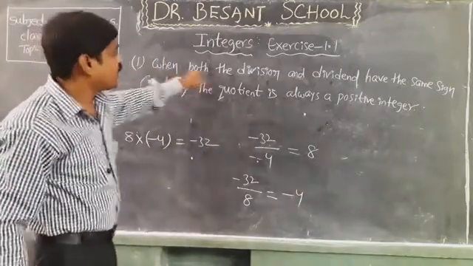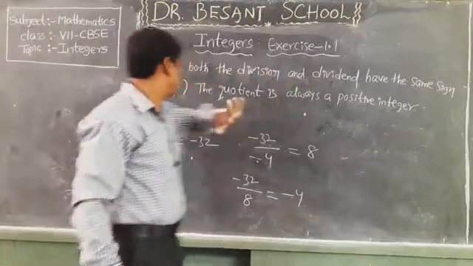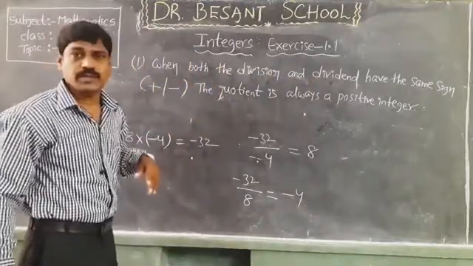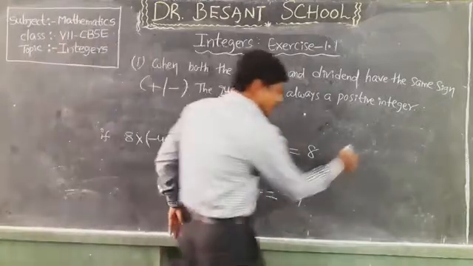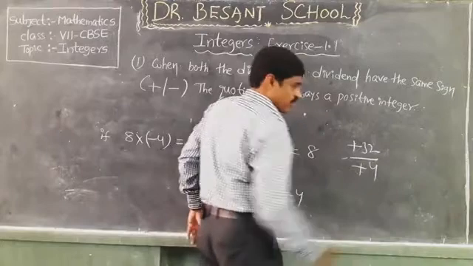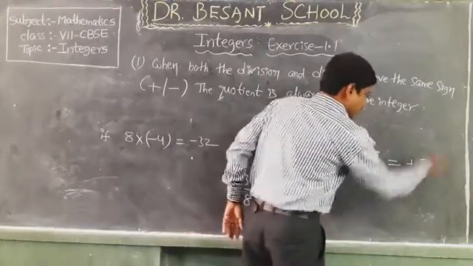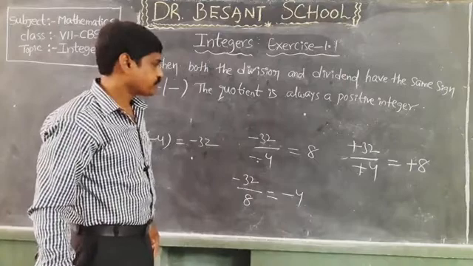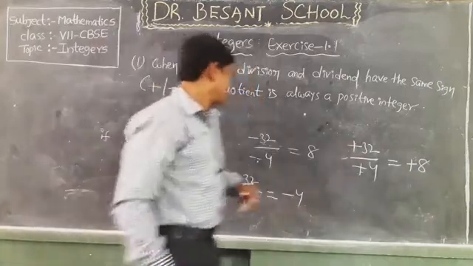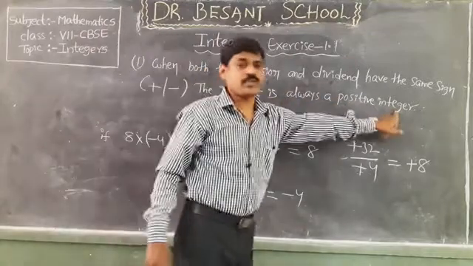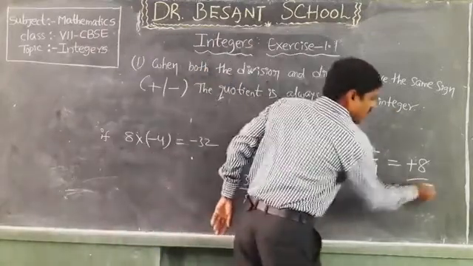So when both the divisor and dividend have the same sign, the quotient is always a positive integer. Suppose plus 32 by plus 4, then what is the result? Plus 8 only. Understood?